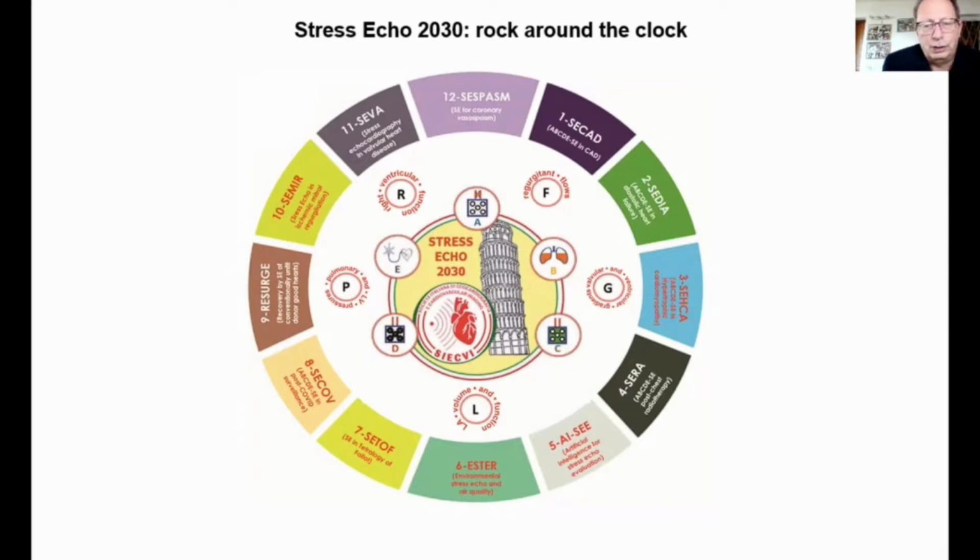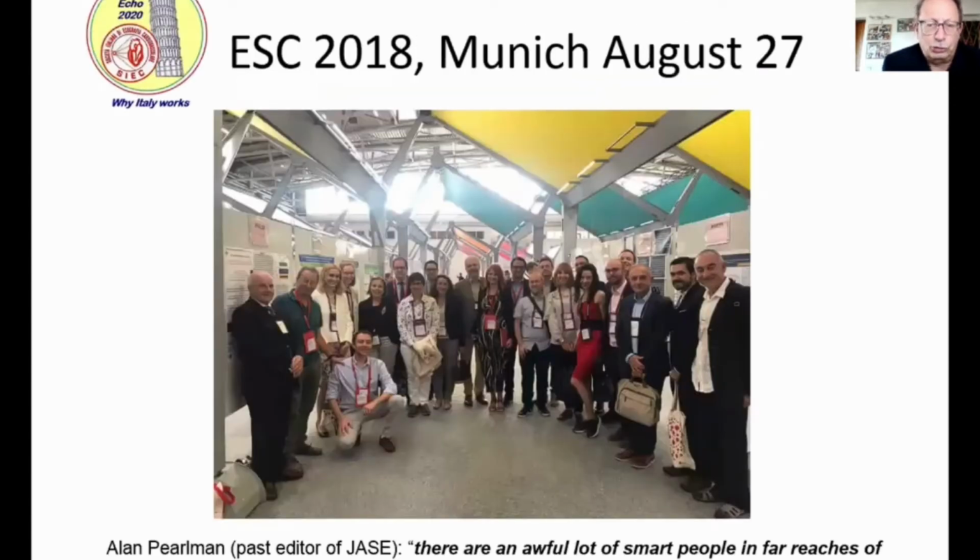Echo 2030. When we have around the clock 12 projects from post-COVID patients to patients, stress echo in brain dead potential heart donors to solve the heart donors shortage, and up to coronary vasospasm.